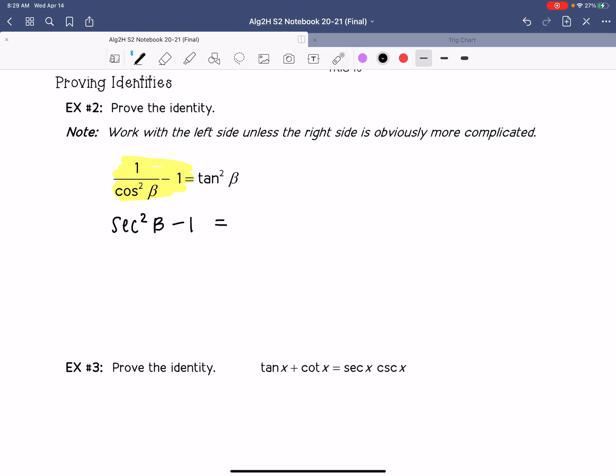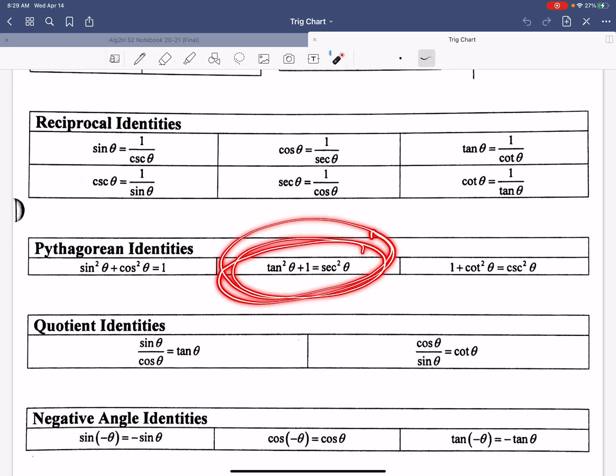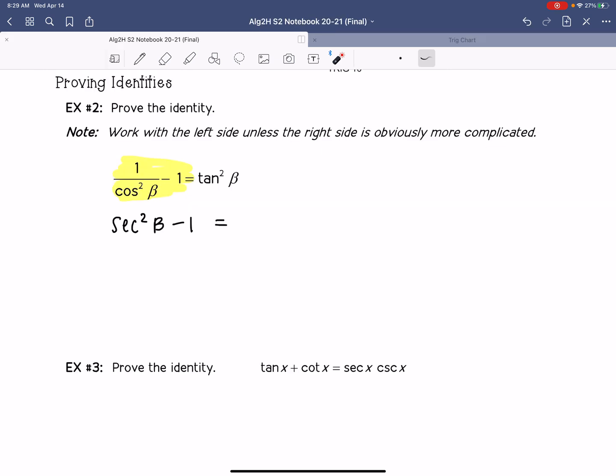Okay, so again, if I have squares and ones, I'm definitely talking about a Pythagorean identity. And I'm talking about this Pythagorean identity right here. Okay, it doesn't look exactly the same, so I'm going to go ahead and write this down. Tangent squared theta plus 1 equals secant squared theta. So our Pythagorean identity is tangent squared theta plus 1 equals secant squared theta.